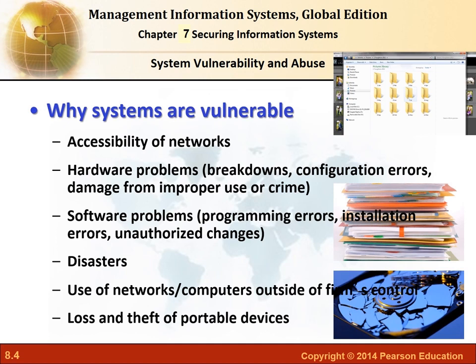When data are available over a network, there are even more vulnerabilities. For example, vulnerable to accessibility of networks, hardware problems, software problems, disasters, use of networks or computers outside of firm control, and loss and theft of portable devices.